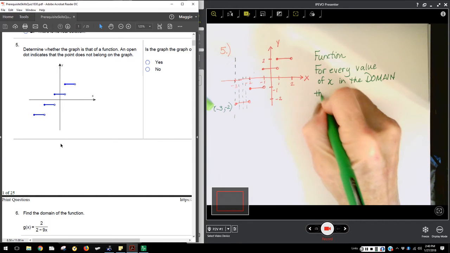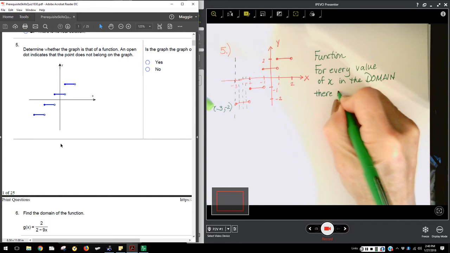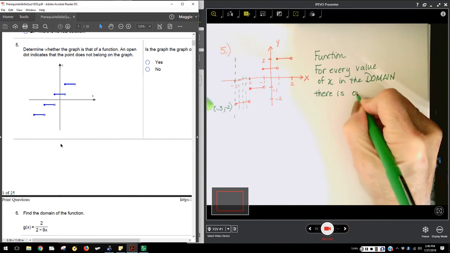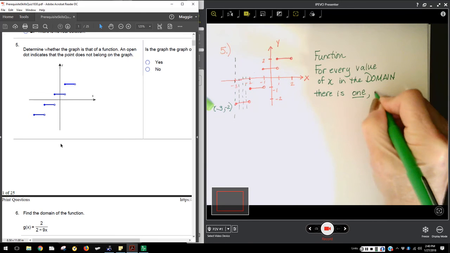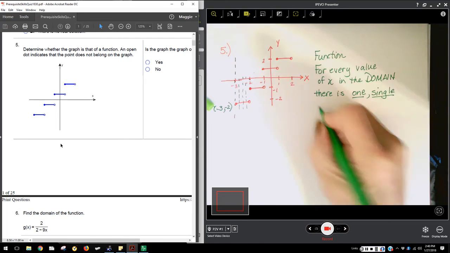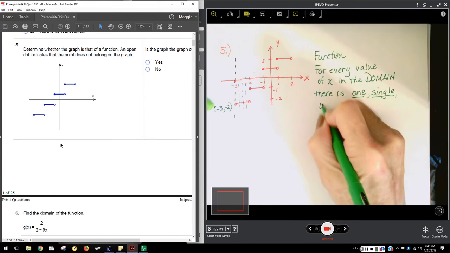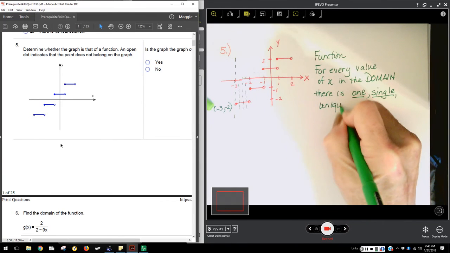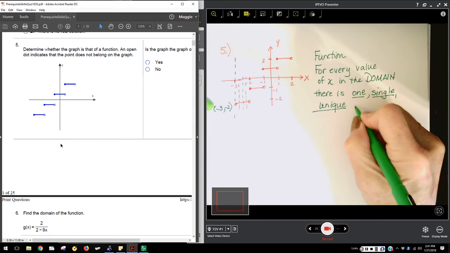If this is a function, there is one single unique value for the range.